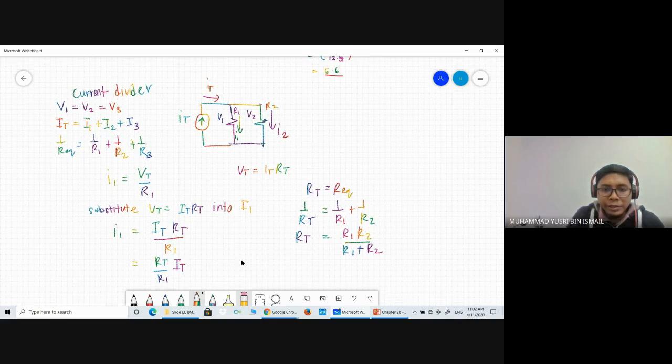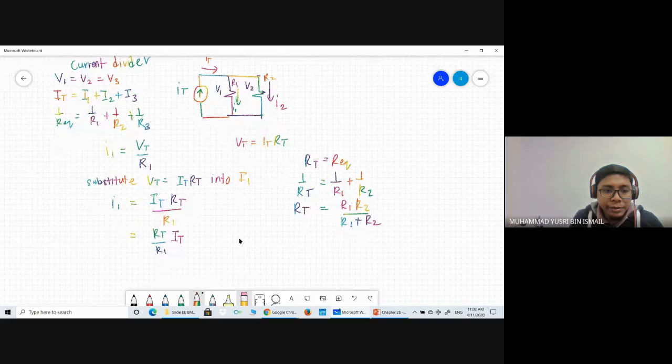So substitute R total equal to R1 R2 over R1 plus R2 into I1.